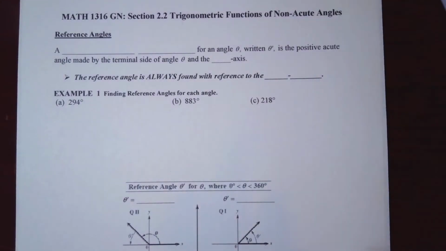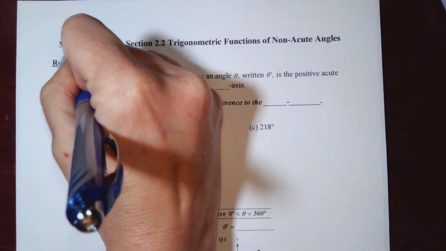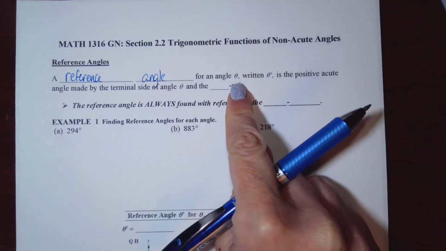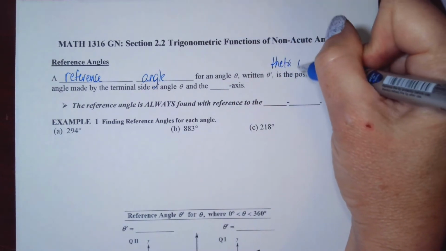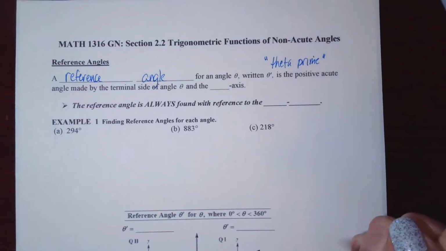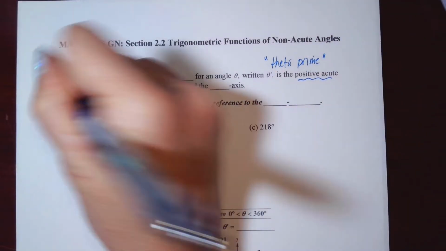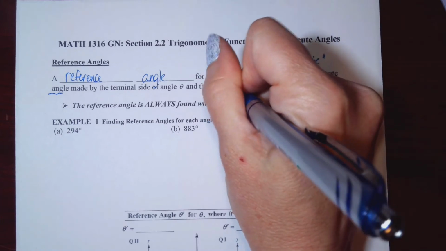Okay, so a reference angle for an angle theta, written as theta prime, you read that theta apostrophe as theta prime, is the positive acute angle made by the terminal side of theta and the x-axis.